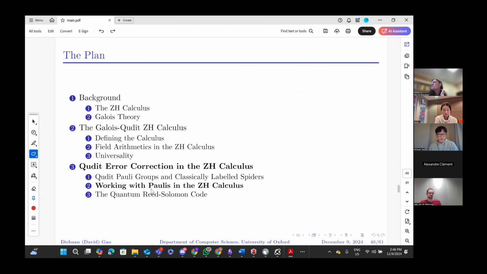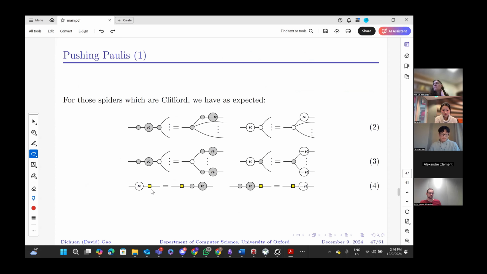So, okay, we have the Pauli gates. Now, what can we do with them in the ZH calculus? Well, they interact with the Cliffords the same way we expect, more or less. If you have a Pauli on one leg of a non-labeled many-legged X spider, then it just flows through it.